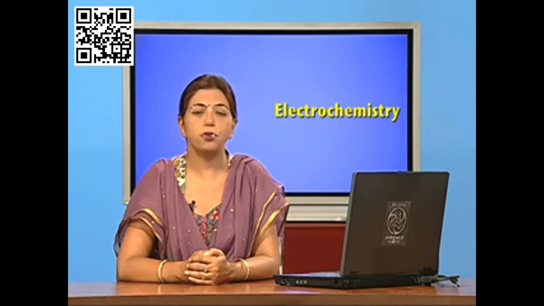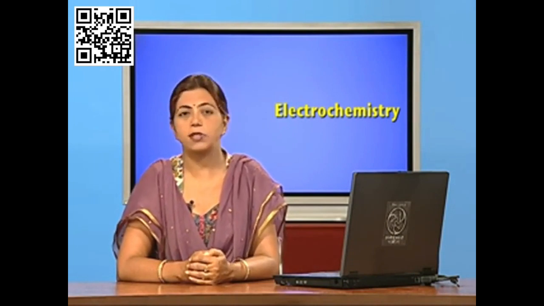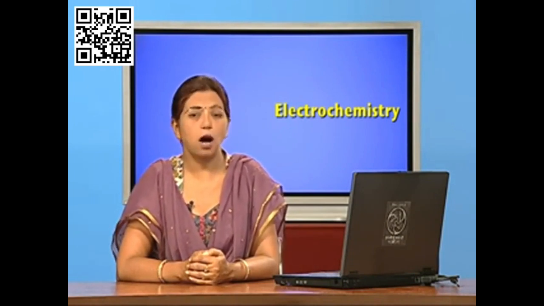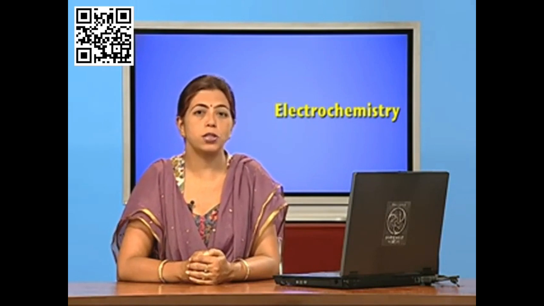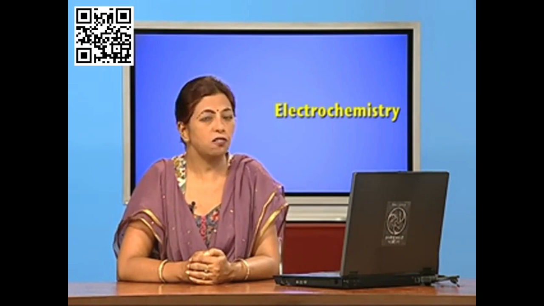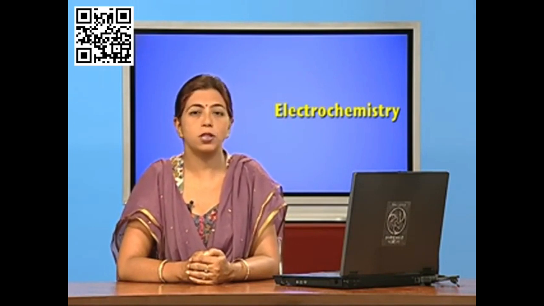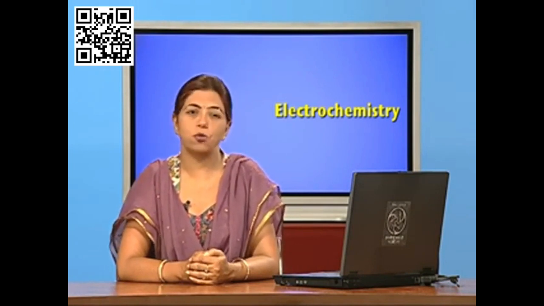It is because just after some time the zinc ions will deposit around the zinc electrode and the sulfate ions will deposit around the copper electrode. The working of the cell stops after some time. The reaction just takes place for a moment.